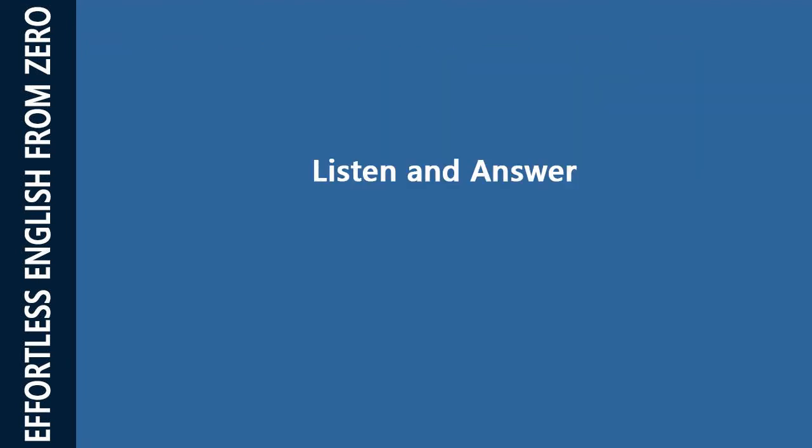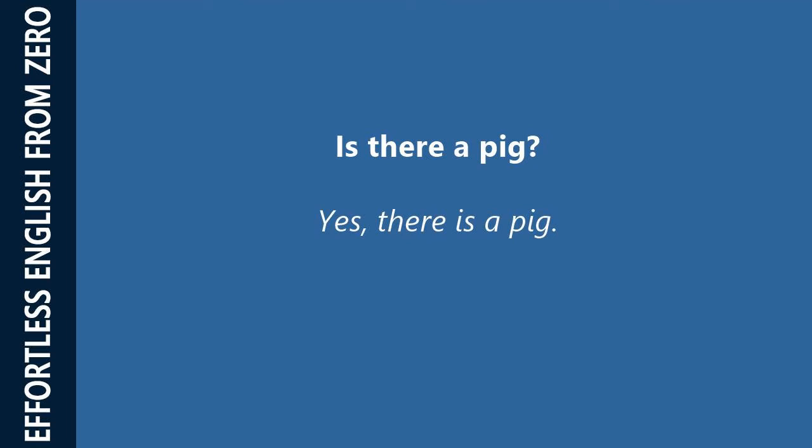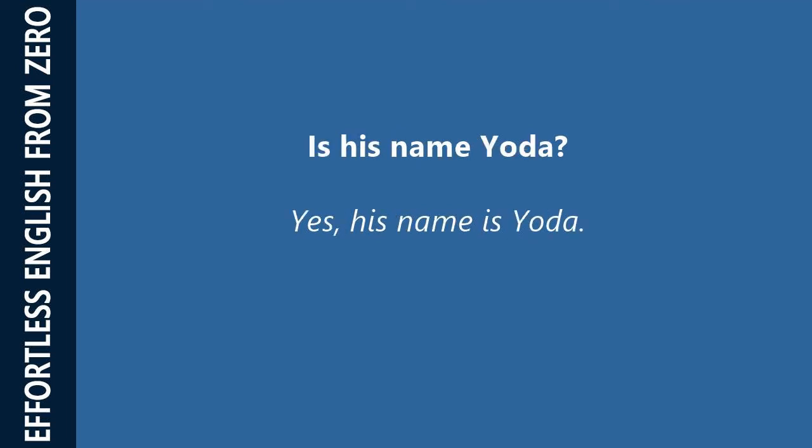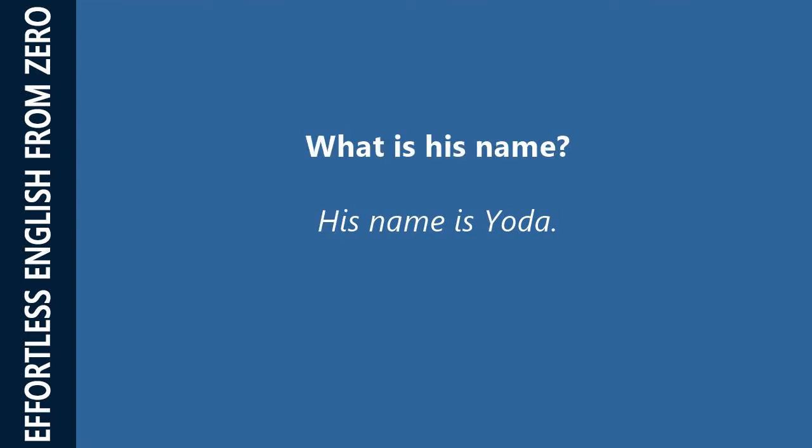Listen and answer. Is there a pig? Yes, there's a pig. What is there? There is a pig. Is his name Yoda? Yes, his name is Yoda. What is his name?